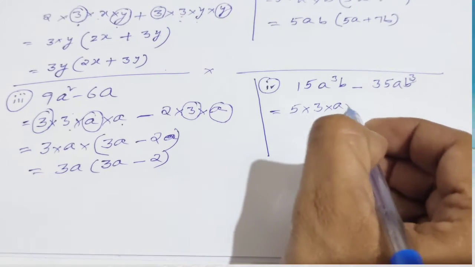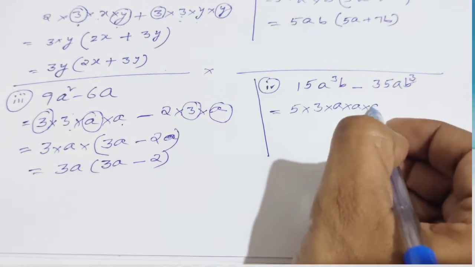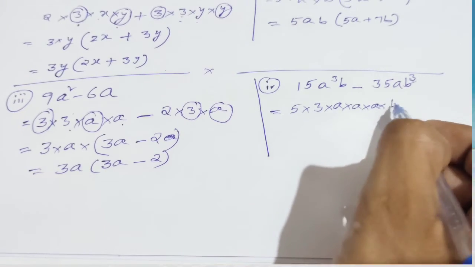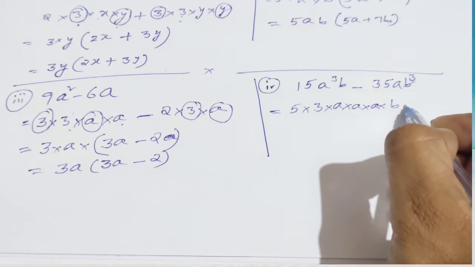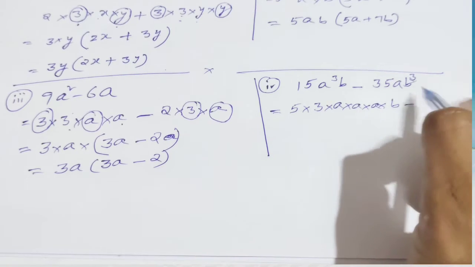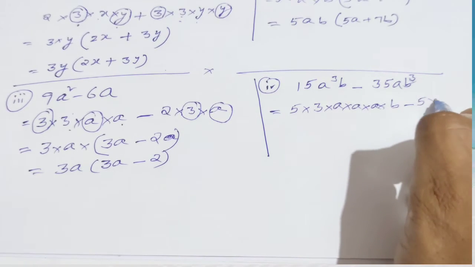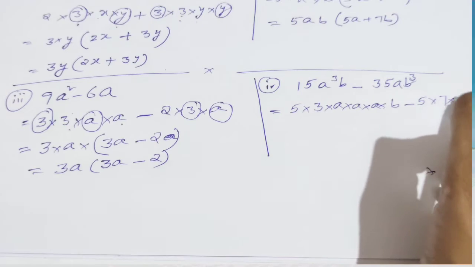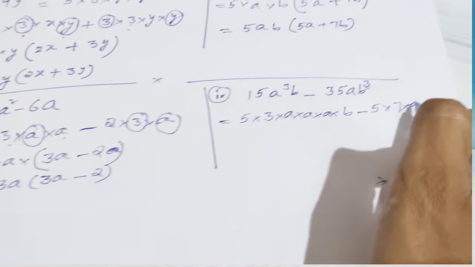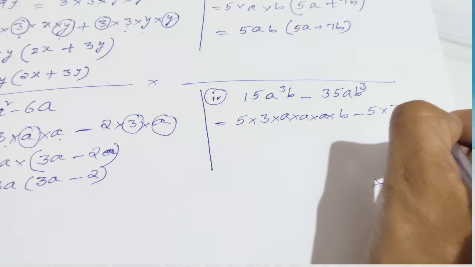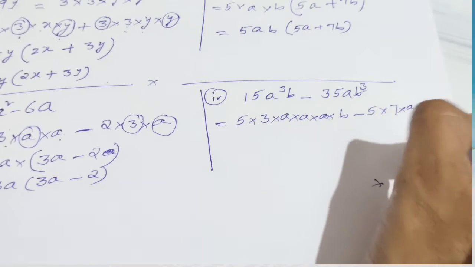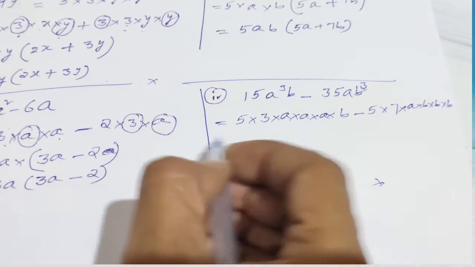This a cube can be expanded as a into a into a, and b itself. Then next, minus 35, 5 into 7, a into b cube, b into b into b.